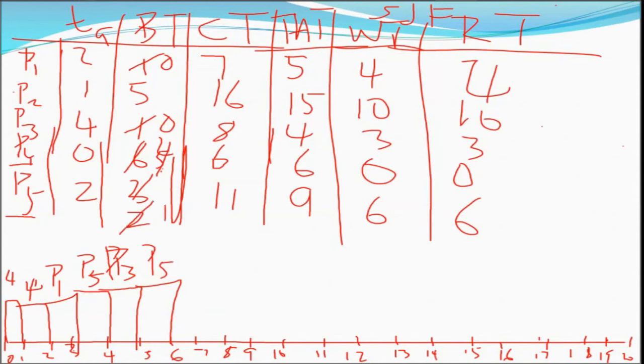So P5 is winning again. So now P5 tends to 0. Okay. Now it's left with who? P4 and P2. But who is having the priority? Is it not P4? Yes, because P4 is 4 burst time now.